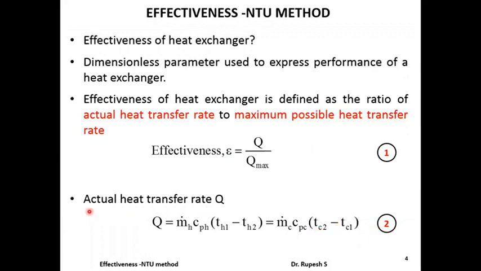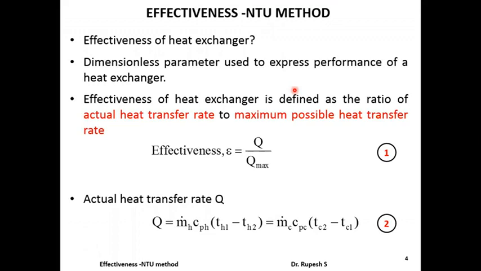Once we know the actual heat transfer Q, we can calculate the exit temperatures of hot and cold fluid, which is our required solution. Now the question is how to evaluate effectiveness and Q max, and this will be discussed shortly.